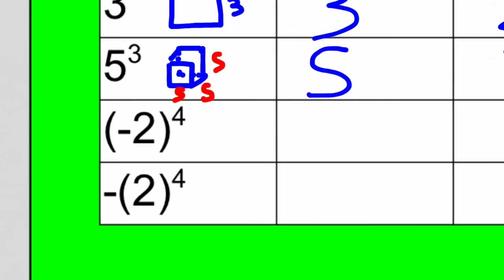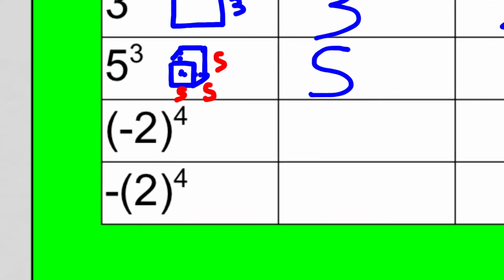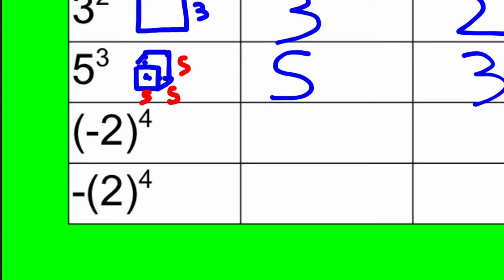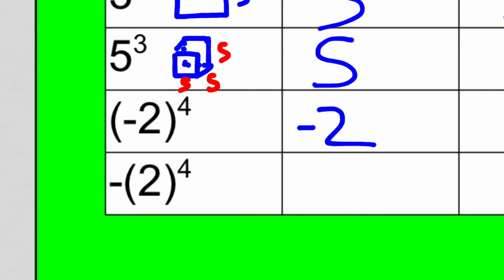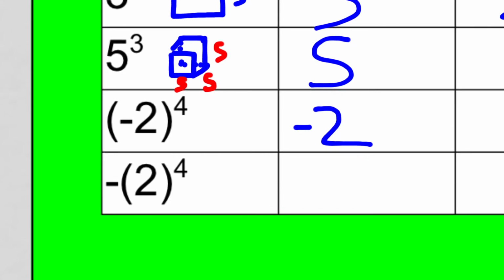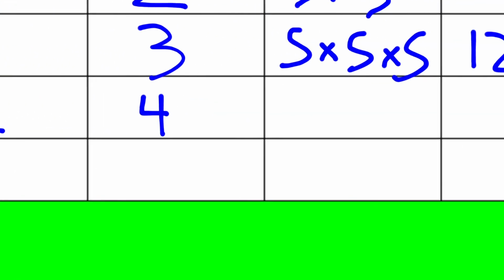Negative 2 to the power of 4. Well, this exponent 4, when we have parentheses like this, means this exponent 4 applies to everything in the parentheses. So the base of this power would be negative 2. The exponent would be the little 4. And this means that that little 4 is going to apply to everything in the parentheses, including the negative 2.